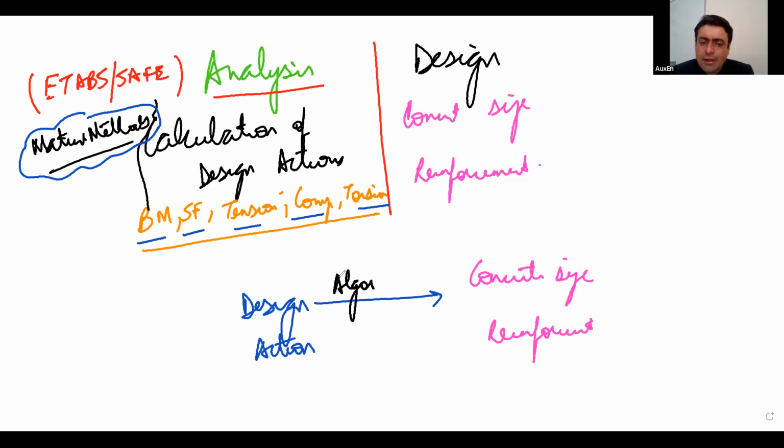Algorithms means standard step-by-step protocols that are given to us. In our case, these algorithms we will get from the design standards, isn't it? Design standards will give you the algorithms that we have to follow. Am I clear?